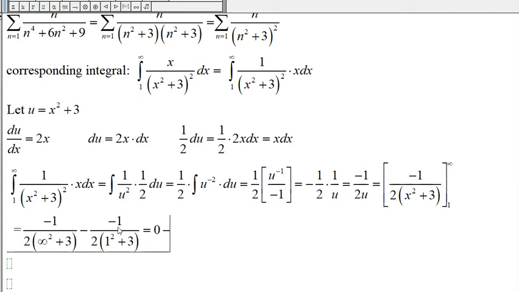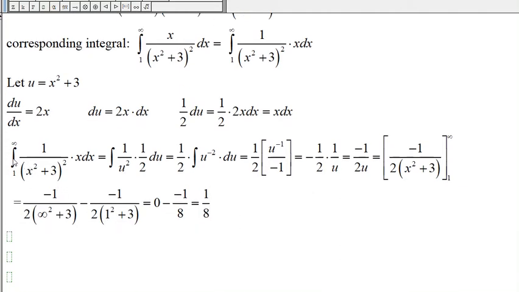Lower limit of integration is 1. So here we get 1 squared plus 3, which is 4, and then times 2, which is 8. So we get negative 1/8, which, subtracting, is equal to 1/8.